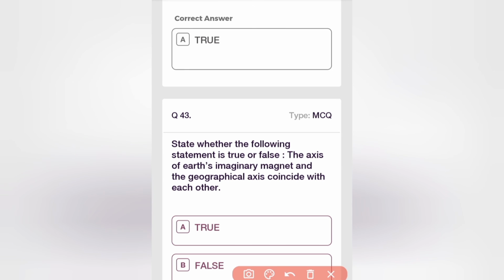No, they will not coincide. False. Because this is geographic north and this is geographic south, and the imaginary magnet, the core magnet inside the earth, will not align exactly in the south-north direction. They do not coincide.